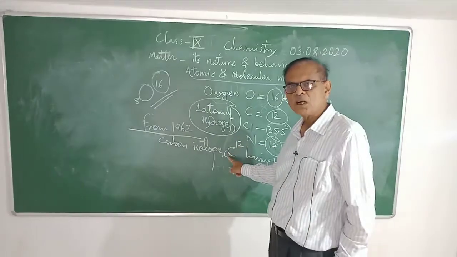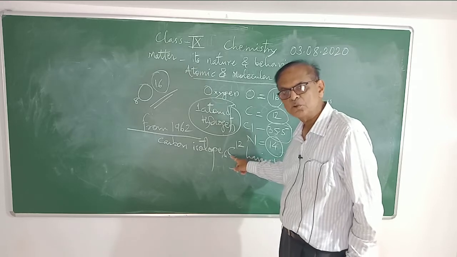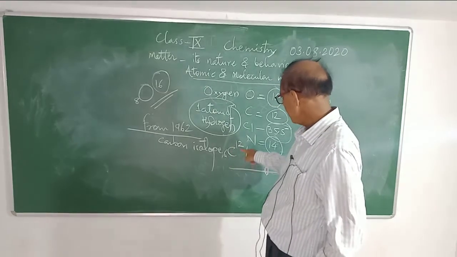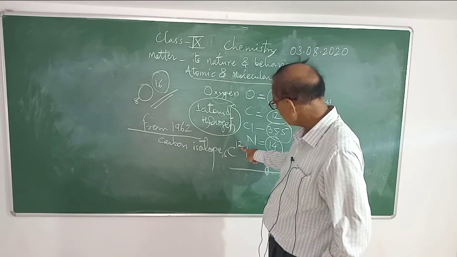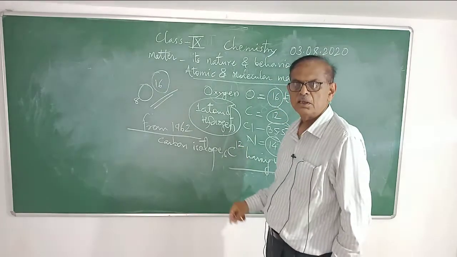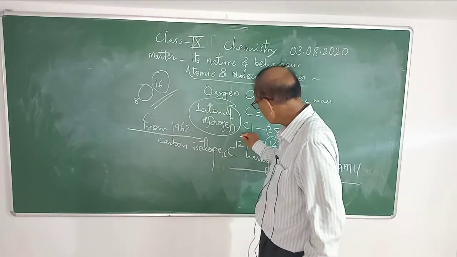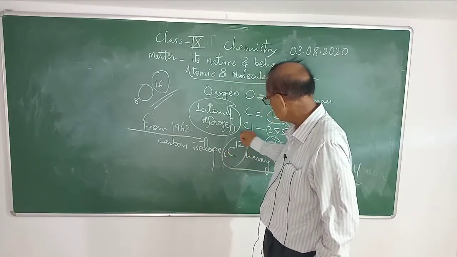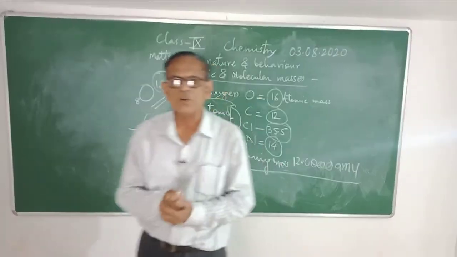Atomic number means the total number of protons present in the nucleus of an atom. And mass number is the total number of protons and neutrons. That is 6C12. And in this way, how do we define the atomic mass?